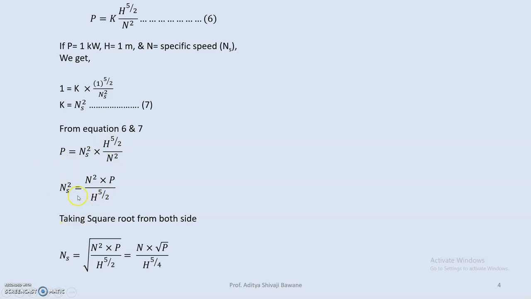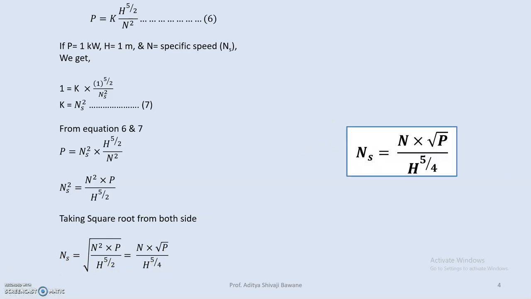So taking the square root of this equation, ns equals n under root of P. Here h is raised to 5 by 2, so I am taking h raised to 5 by 4. So the final equation is ns equal to n into under root of P by h raised to 5 by 4.